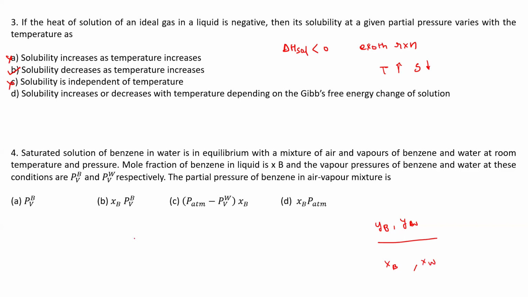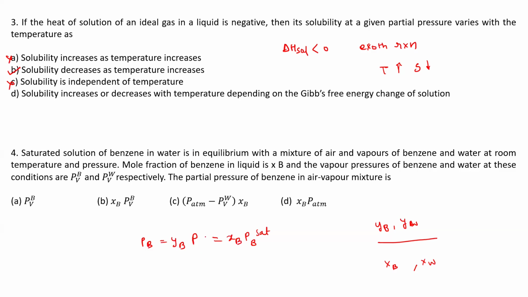So how do you generally write the partial pressure of benzene in the air vapor mixture? P_B is equal to y_B into P, right? This P, now this is equated to x_B into P_B sat. We are equating the fugacities, assuming ideal gas behavior.